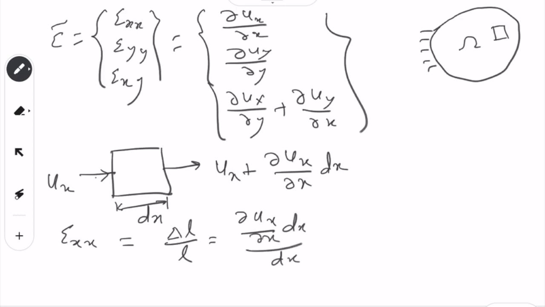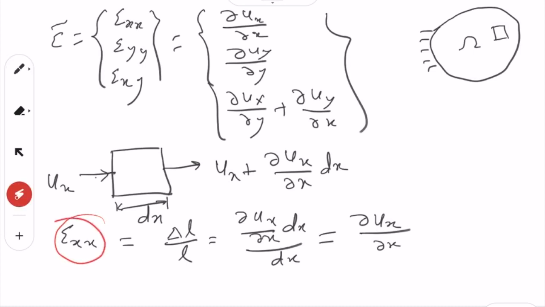So dl over dx, epsilon xx is equal to del ux over del x. So we got that.